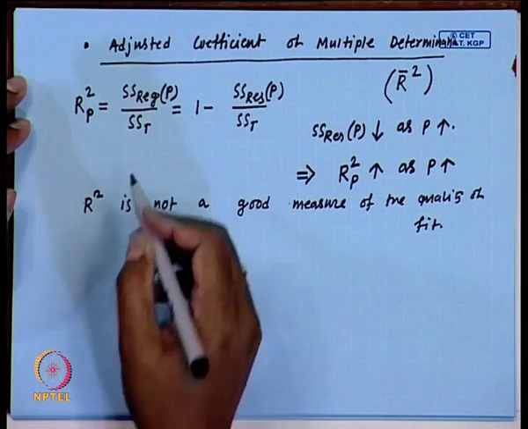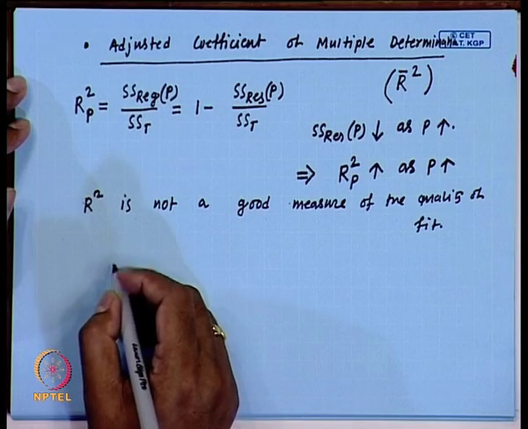So, that is why R square can't distinguish between whether the newly added regressor variable is relevant for the model or irrelevant. So, that is why R square or SS residual is not a good measure to check the quality of fit.